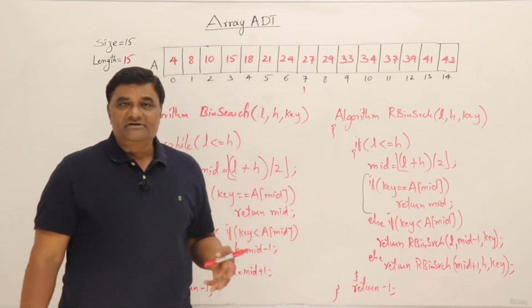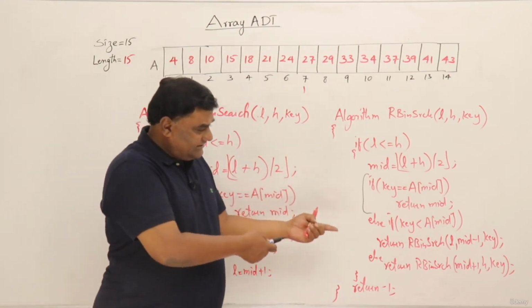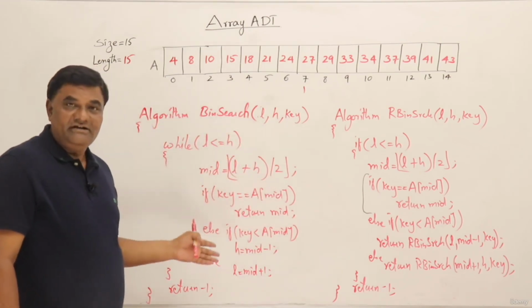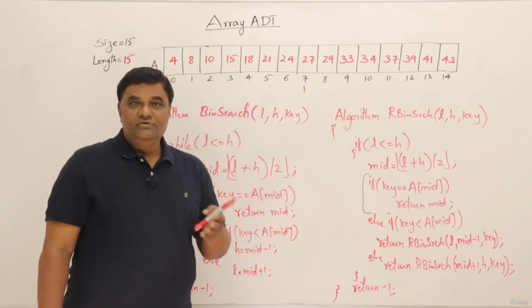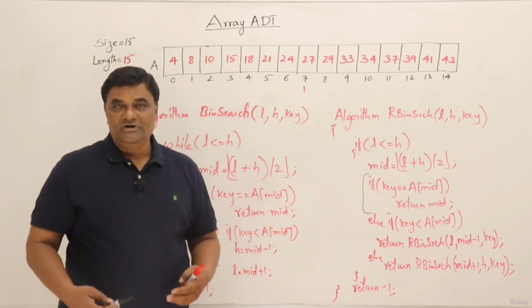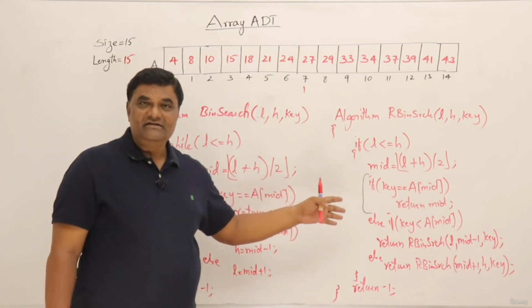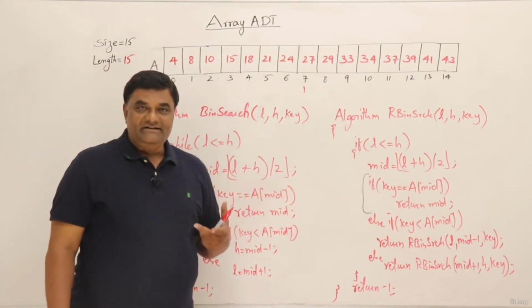So at returning time it's not doing anything. So instead of writing a tail recursion, you can also write a loop iterative version. Already we have discussed that tail recursion and loops are similar. So if you have to write tail recursion, better go for a loop. So this procedure is better because the recursive one internally uses a stack. Now next we will do the analysis of binary search.